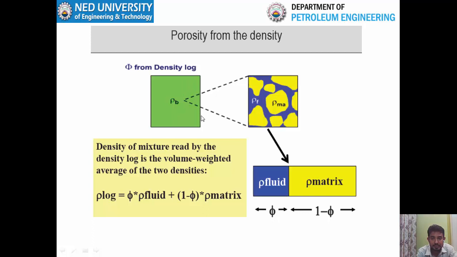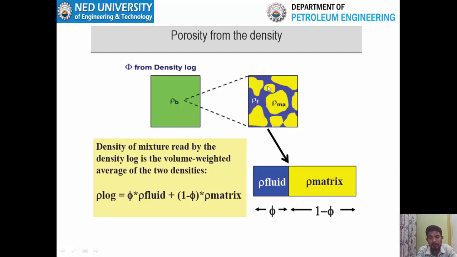Bulk density is an average density of your rock, and we know that the rock is composed of solids and pores. Any rock, for example sandstone, is composed of a majority of solids with some pores, and in those pores you may have any fluid, for example water, oil or gas, and water, oil and gas will have some densities.